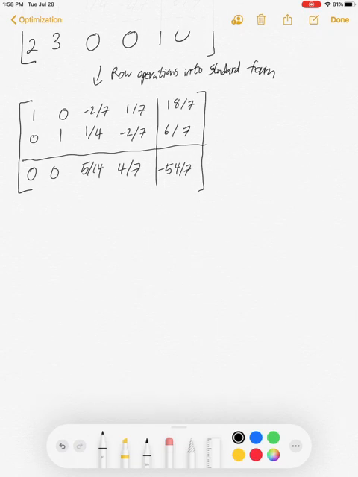Okay, so the associated basic feasible solution, well, we see it's 18/7 in the first spot, 6/7 in the second spot, and zeros in the other spots.